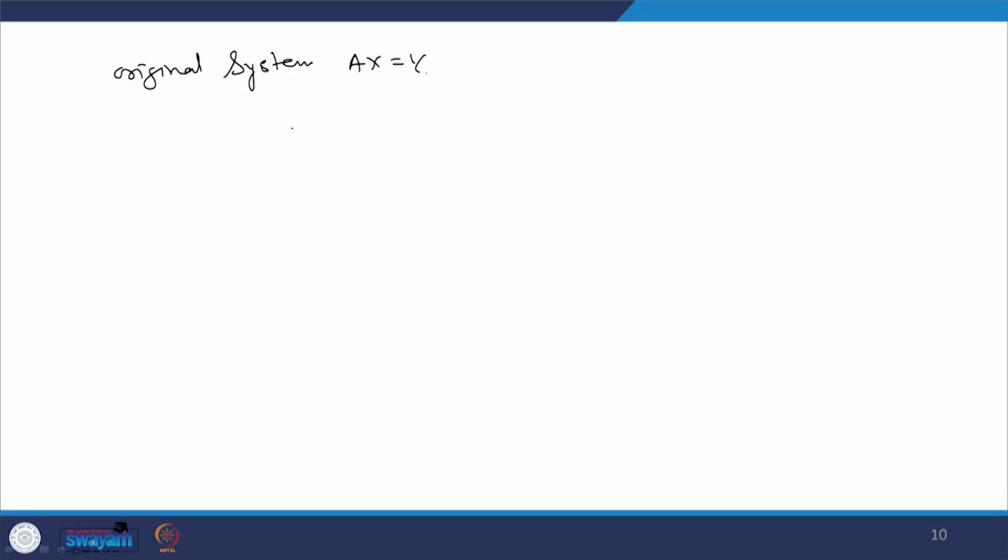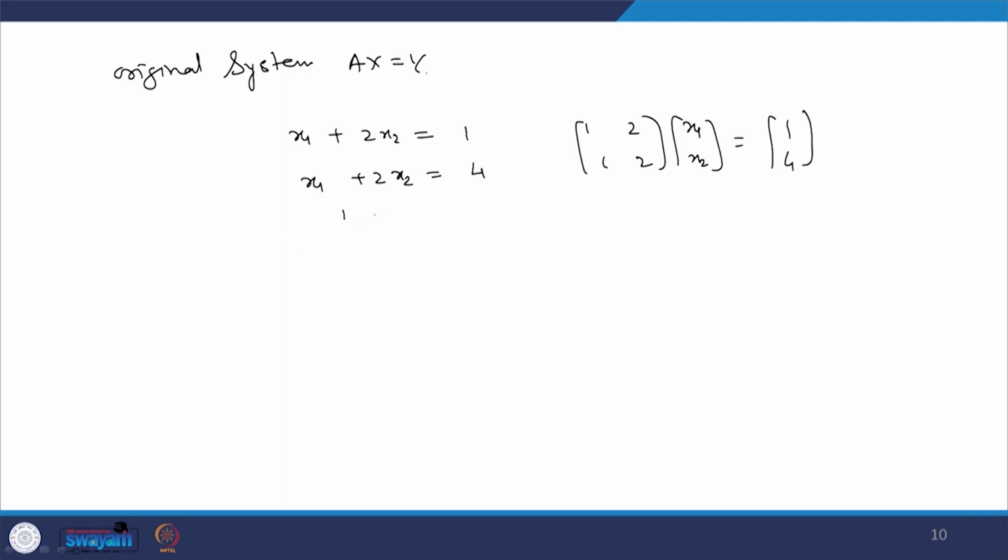See, for example, if I take x1 plus 2x2 equal to 1, and again x1 plus 2x2 equal to 4, then if I do the elementary row operations on the augmented matrix, 1 2 1 and 1 2 4, I will get 1 2 1 and 0 0 3.